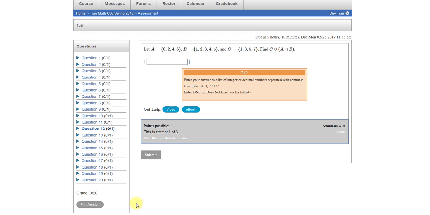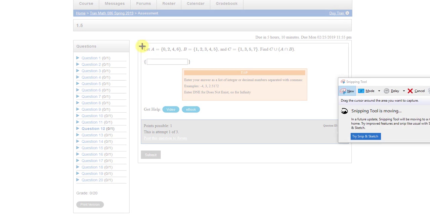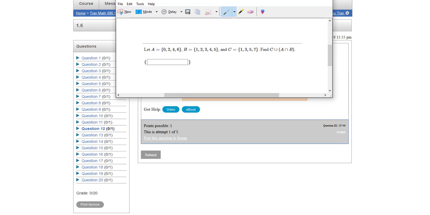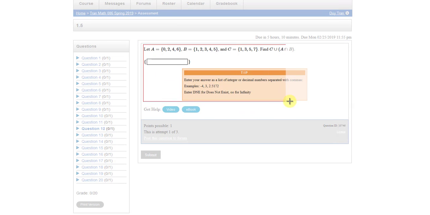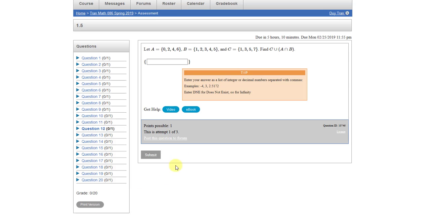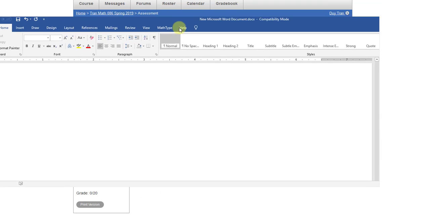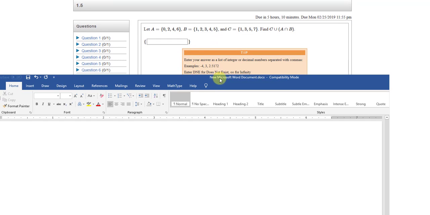Okay, let me redo it. Oh, that's weird. For some reason I couldn't copy that. Let's try it one more time. Yeah, I think there's something wrong with the screen here. Okay, let's just do it directly from here.